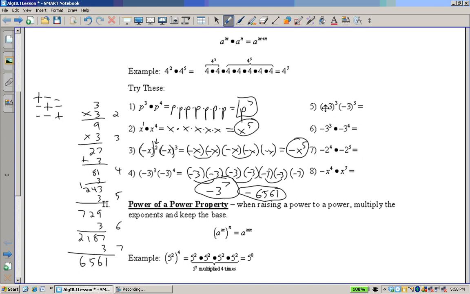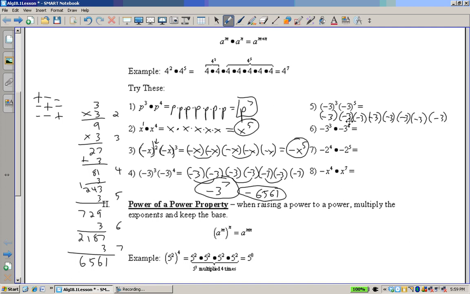Okay, again, we have the parentheses here. That means exact carbon copies. Negative 3 to the third. So 1, 2, 3. And then we have 5 more negative 3s. 1, 2, 3, 4, 5.